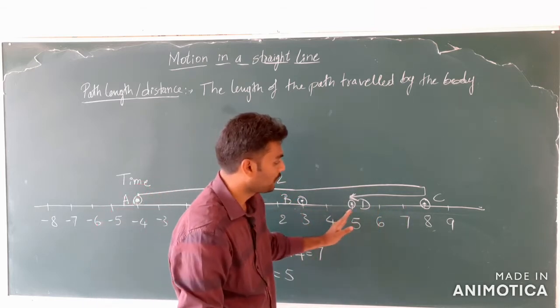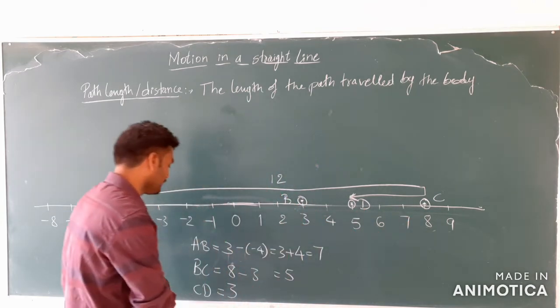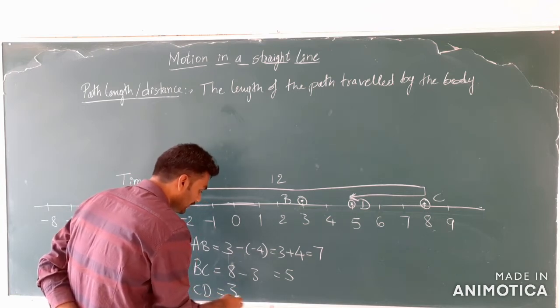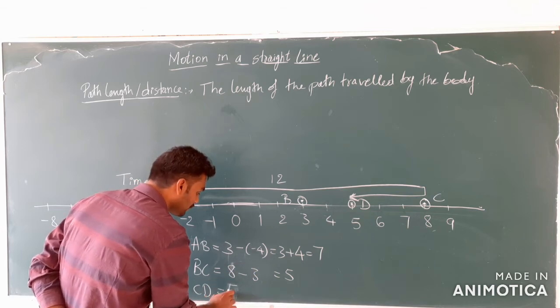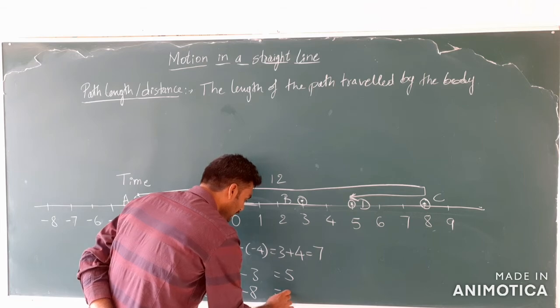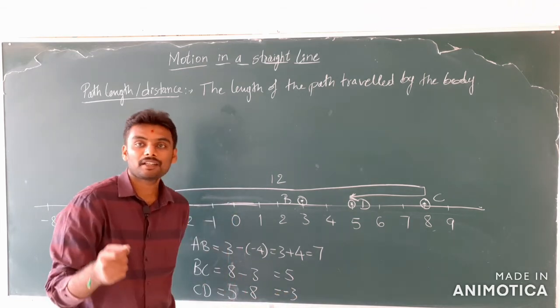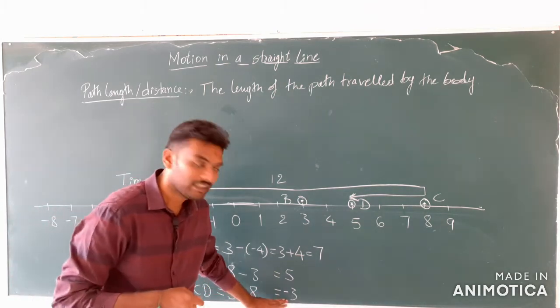Don't take it as final position minus initial position, because then you will get the negative sign. According to the rule, the final position is 5, the initial position is 8, so it would be minus 3. But when I take path traveled, we will not consider any negative signs.